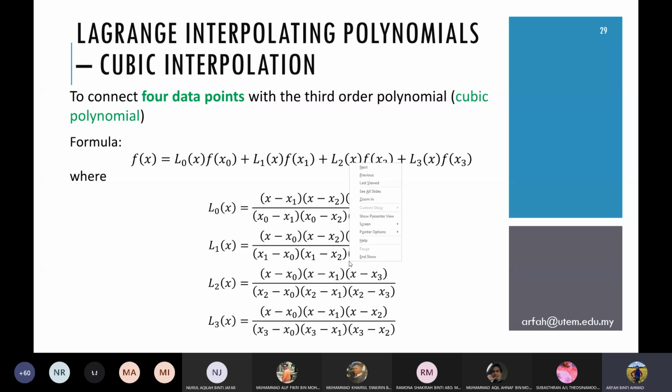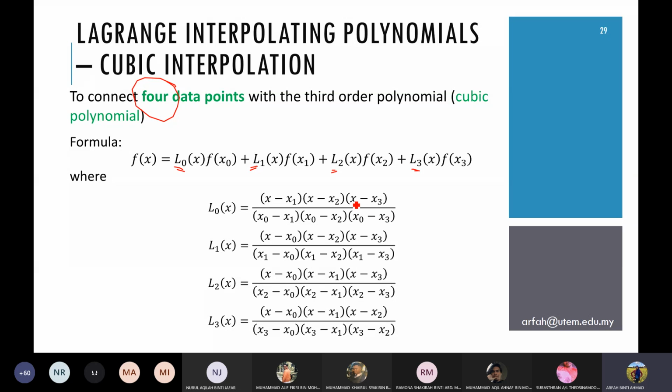So for this case, you have 4 data points, and then your Lagrange coefficient, you have L0, L1, L2 and L3, up until 3 Lagrange coefficient. So L0 you will see x minus x1, x minus x2, x minus x3. Yang bawah dia baru x0 minus x1, x0 minus x2, x0 minus x3.